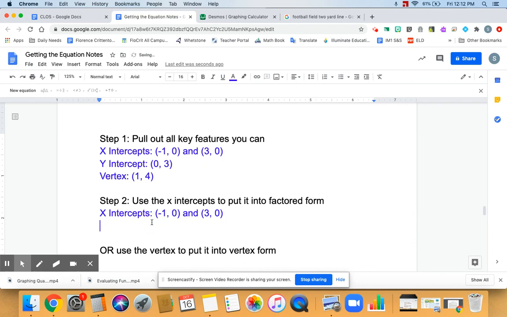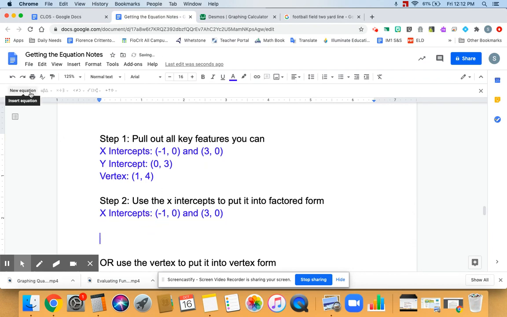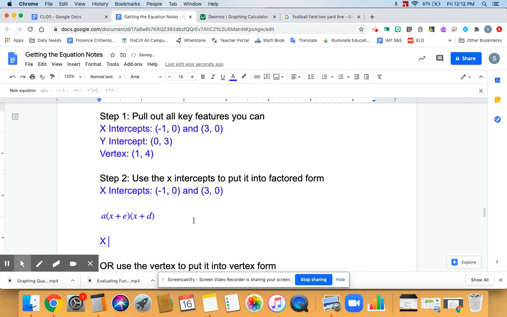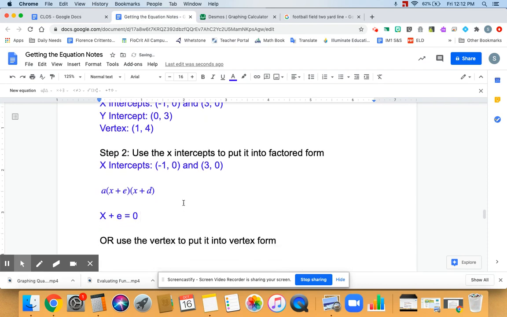If I want to use the x-intercepts to put it into factored form, remember factored form always looks like this. A times x plus some number times x plus some other number. And when I make the x plus the e equal 0, when I solve it, I'm going to end up with one of these 2 answers. Meaning when I solve it, I'm going to get something like x equaling -1.